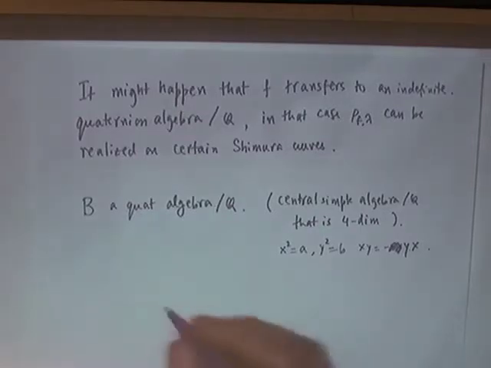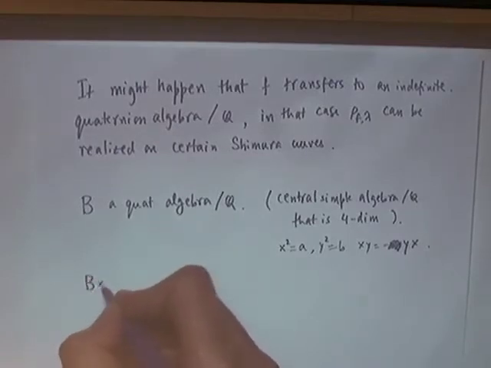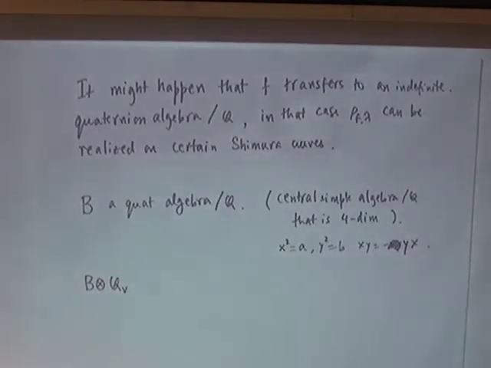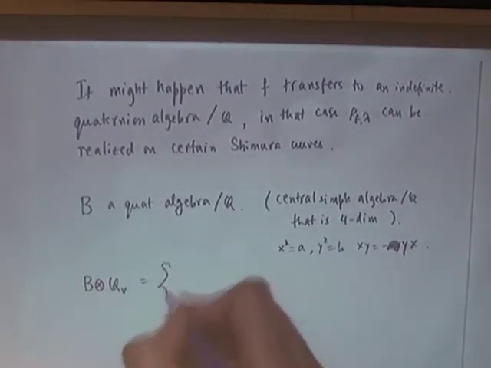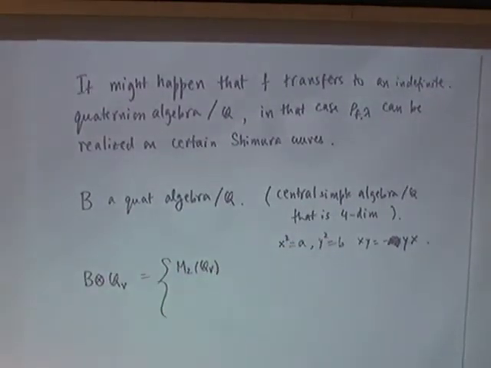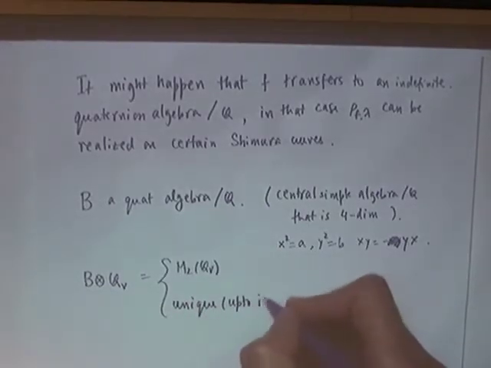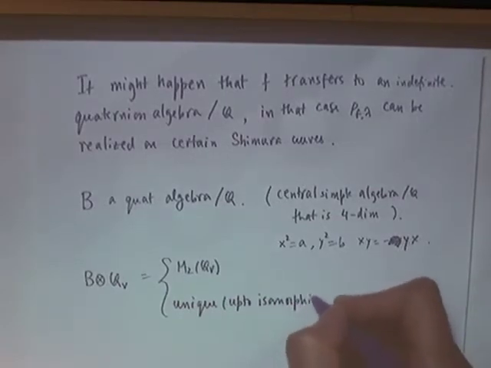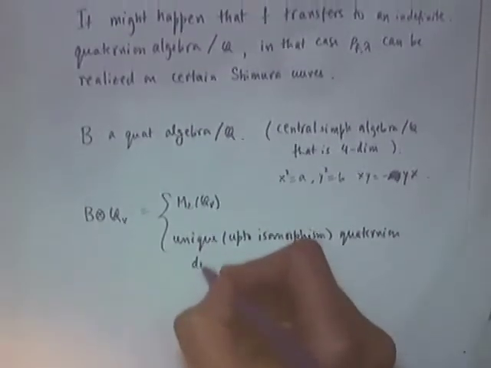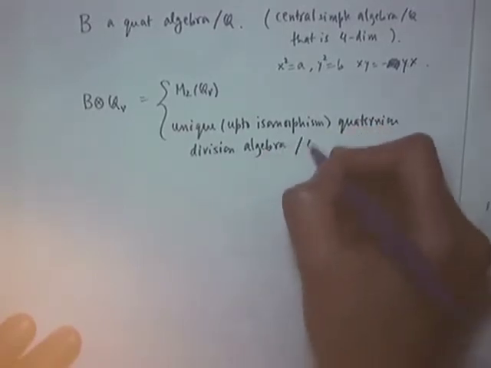Now, quaternion algebras are determined completely by what they do locally. So locally, there are two possibilities. If you take B tensor Q_v, you might either get the matrix algebra M2 of Q_v, or you might get the unique, up to isomorphism, quaternion division algebra over Q_v.